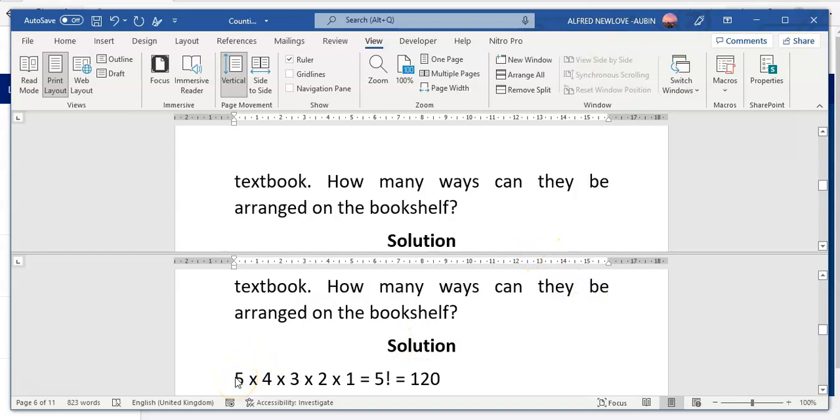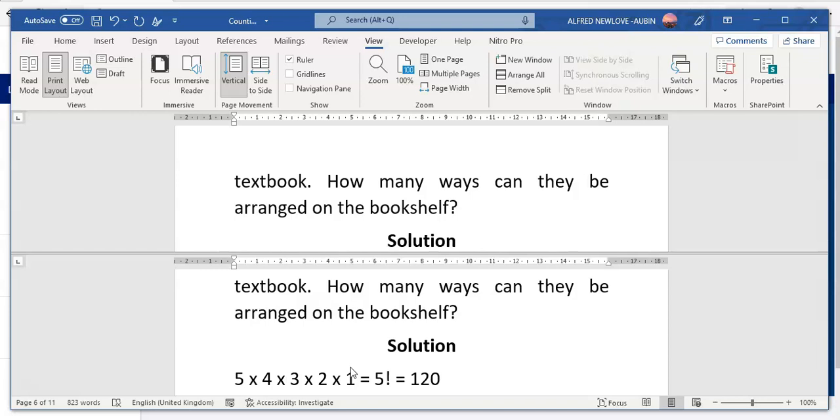So it means on the shelf we have 5 books. So the first space can take 5. The second space can take 4 because one book has been used. The third space can take 3, 2, and 1, which is 5 factorial.